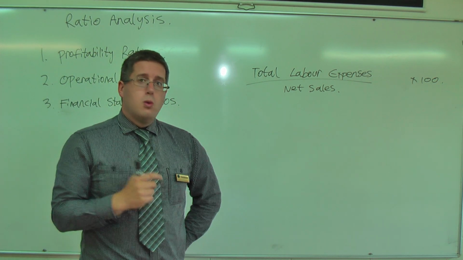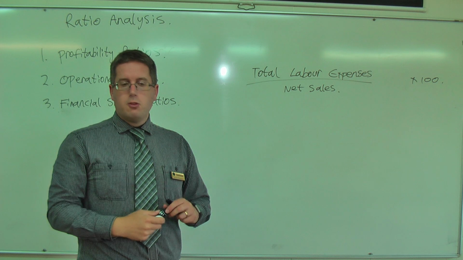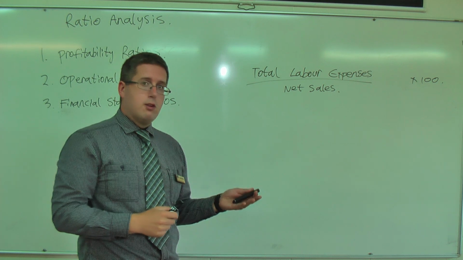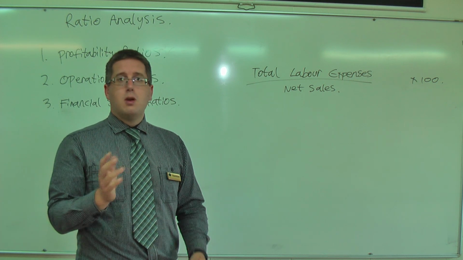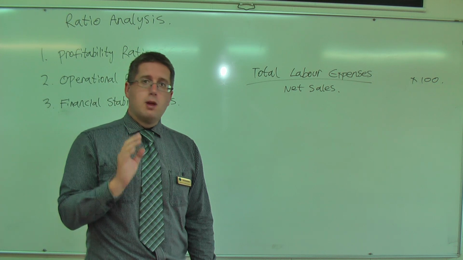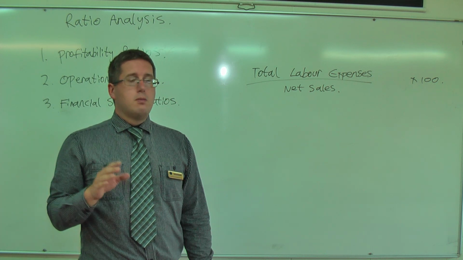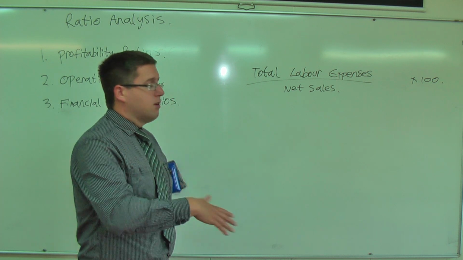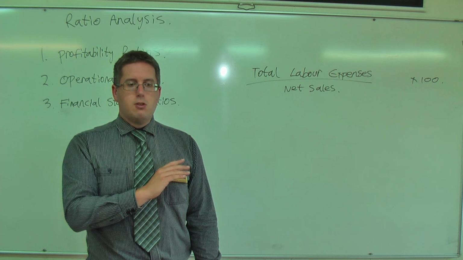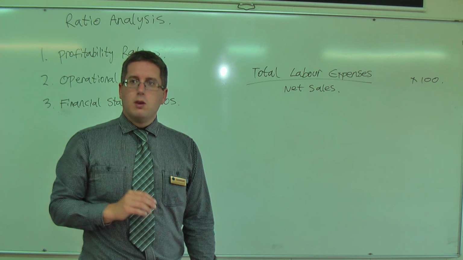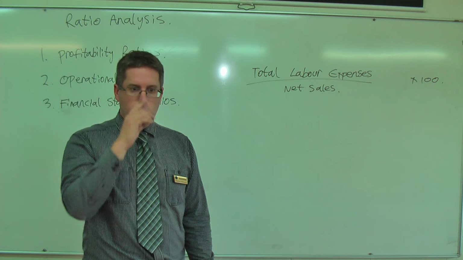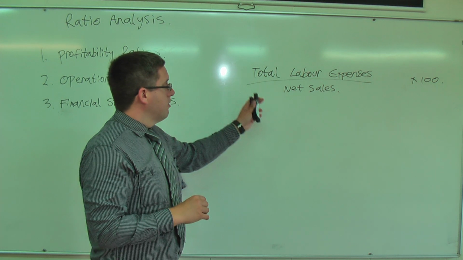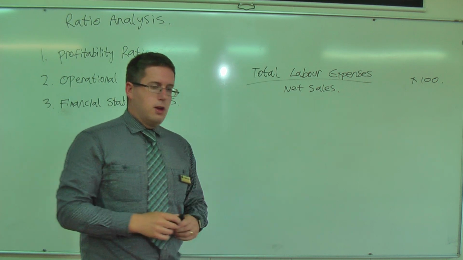You have to add up all the labour related items. So you might have direct wages that you pay, but then you might also have superannuation, other allowances, maybe a vehicle that you're giving to staff. So that's total labour expenses. So make sure you include other expenses as well. So total labour expenses divided by net sales times 100.